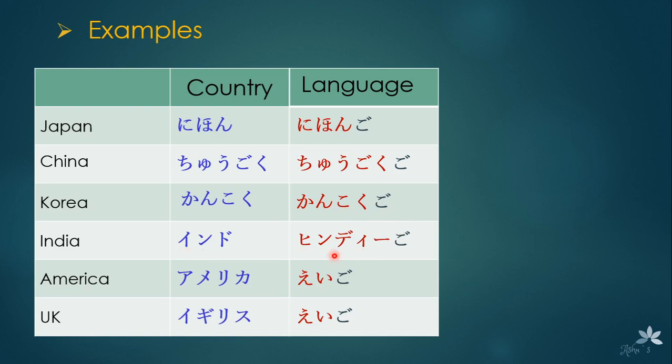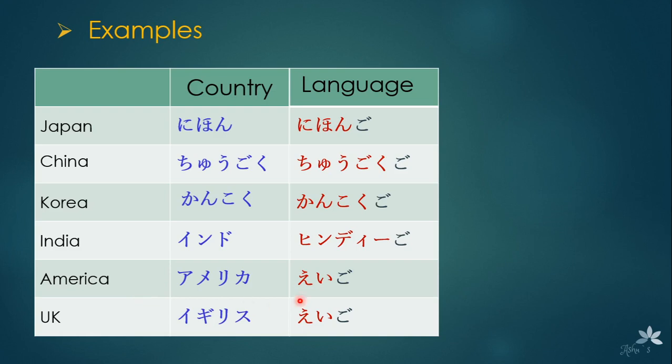For India, we have various languages. I have taken the example of Hindi. So it will be Hindigo. Whatever your language is, just add go to it to say that language.